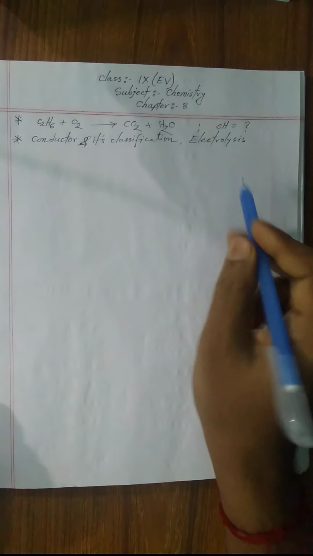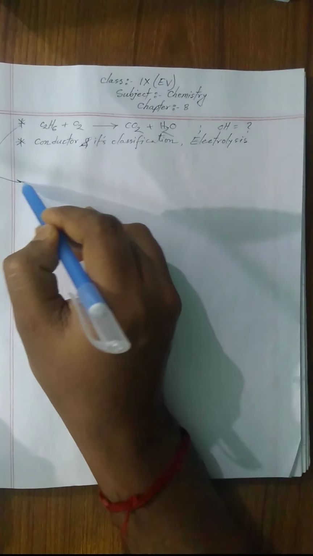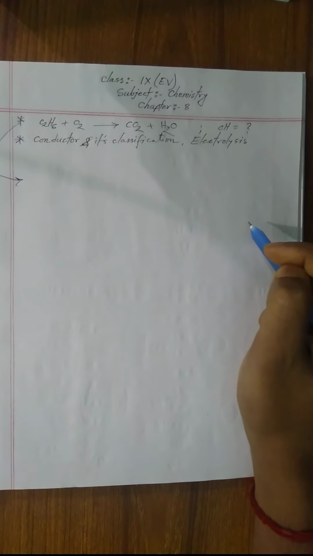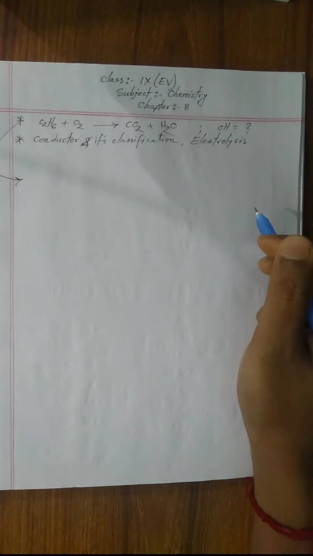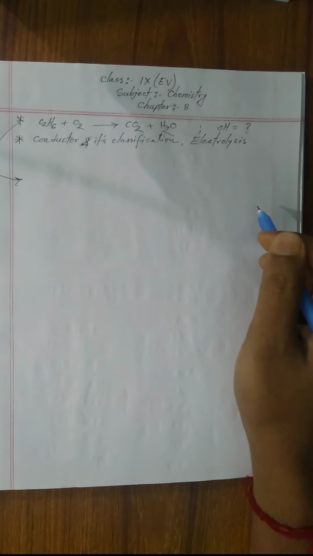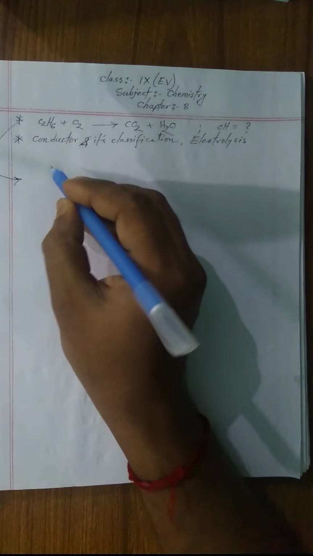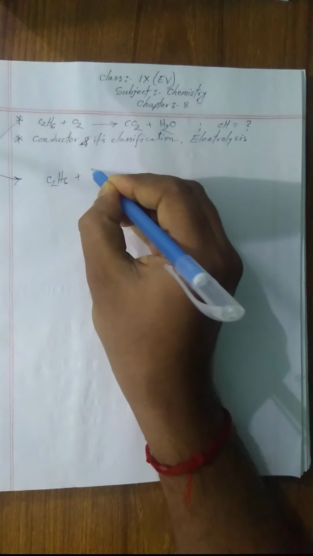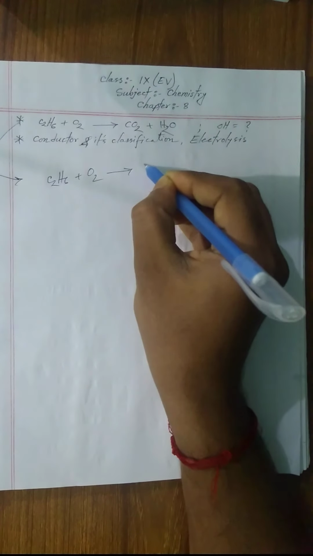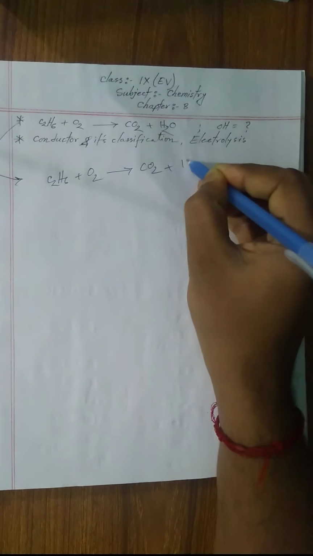So the first problem is in which we have to calculate delta H. Last class we discussed how to calculate delta H. So here is another one, which is C2H6, oxygen, CO2 and H2O.